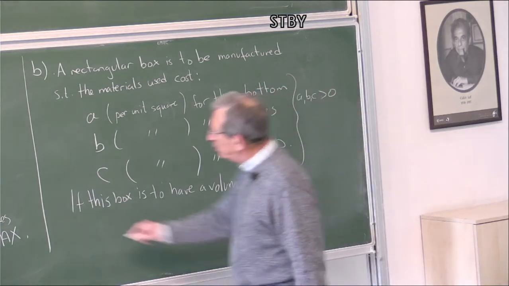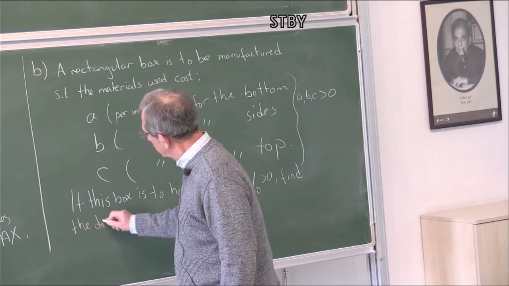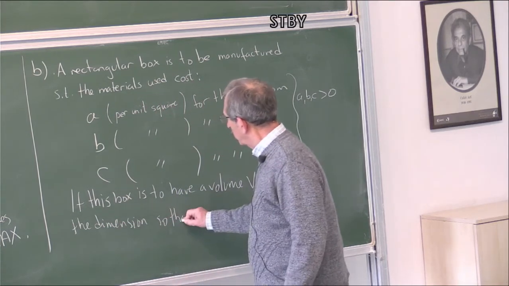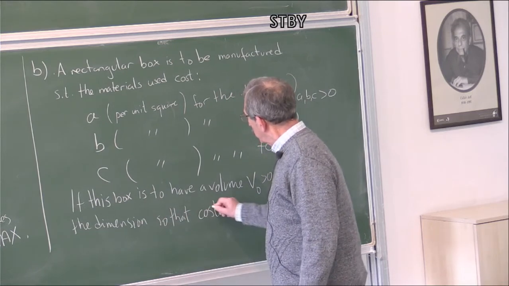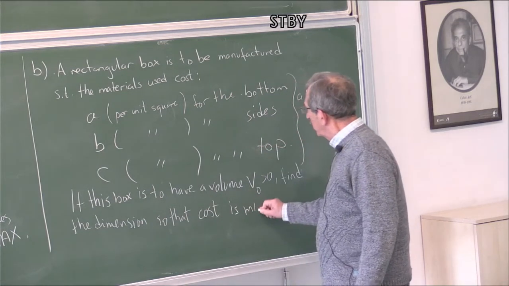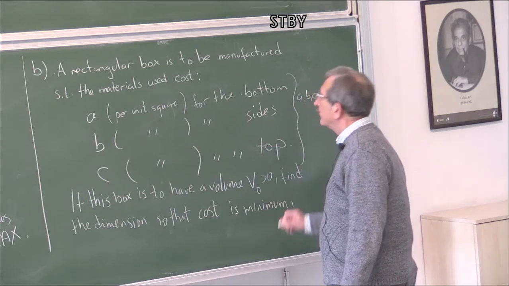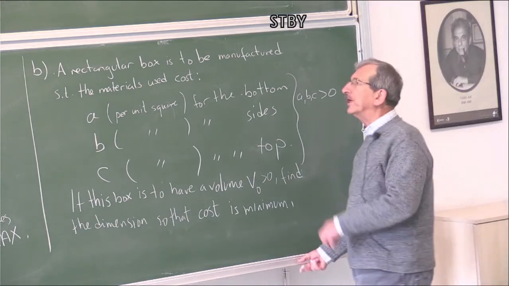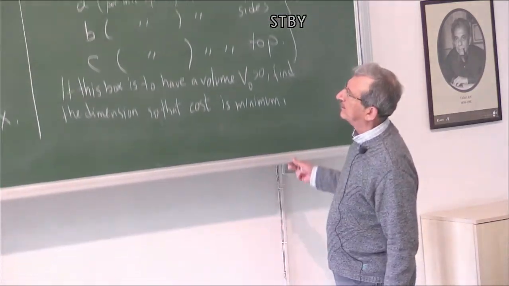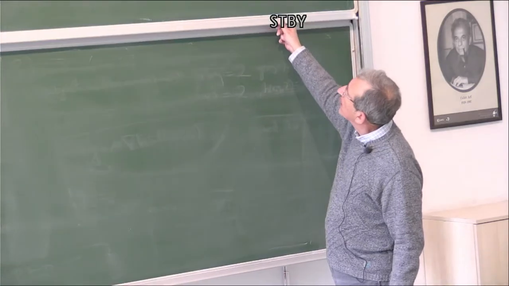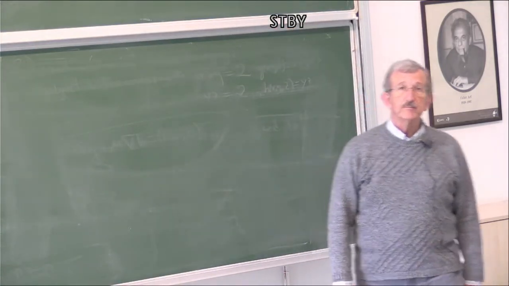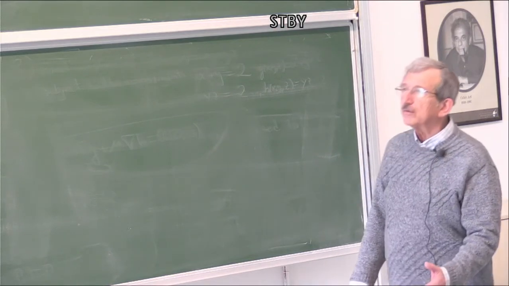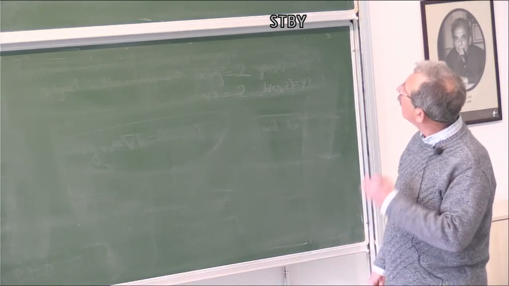find the dimensions so that cost is minimum. So from the wording, we understand that we have to calculate the cost and minimize it, subject to the restriction that the volume is V0.